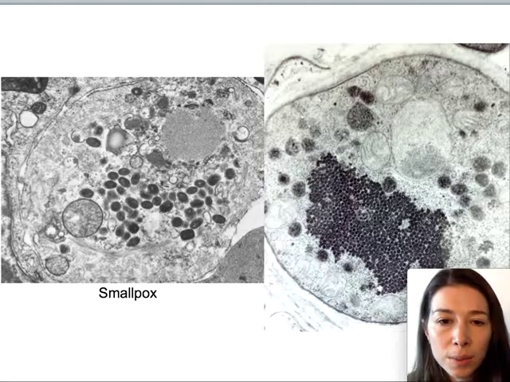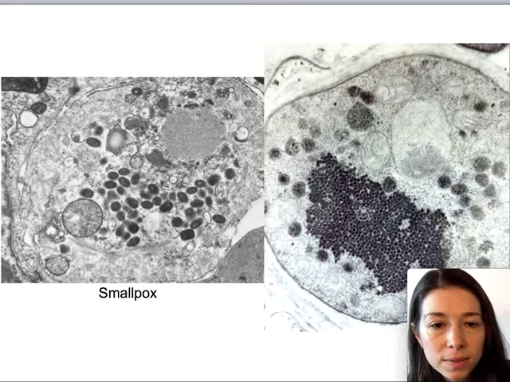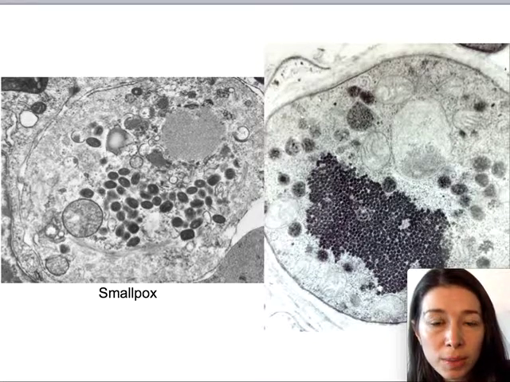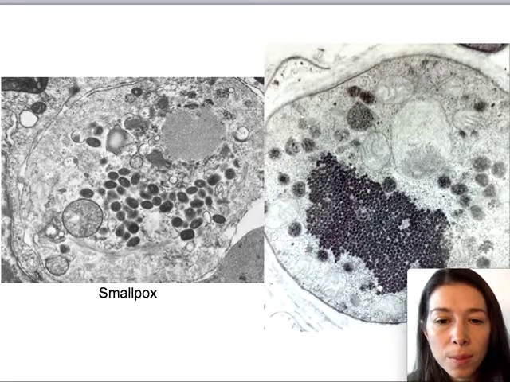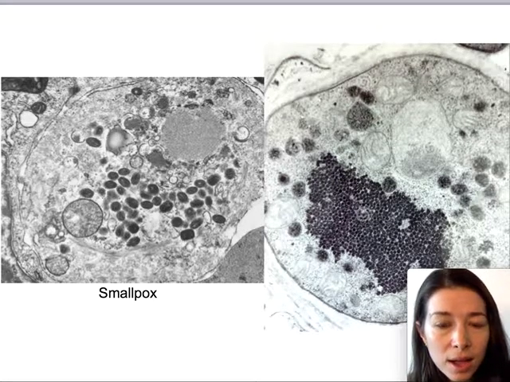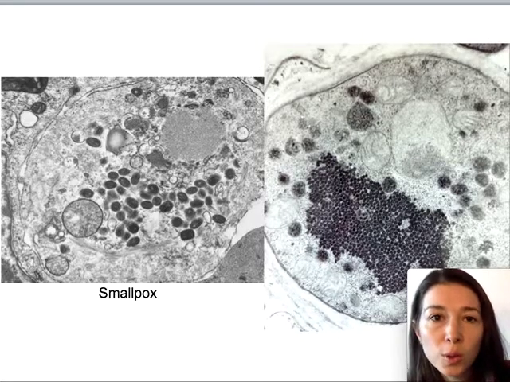I just want to take this opportunity to remind you that smallpox is a virus, and you will have in the future some reading about smallpox. We're going to learn a lot about vaccines and smallpox and the history of smallpox and how it is a disease that we've essentially eradicated. And these are more electron microscope pictures.